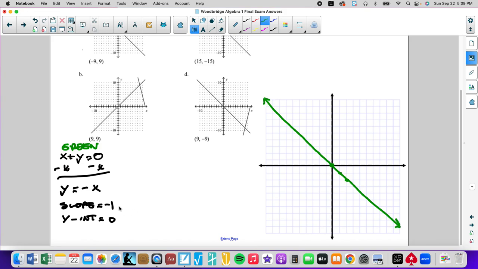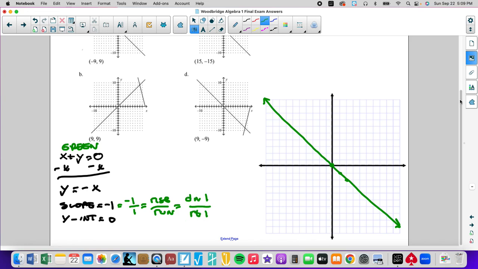And why does it have a slope of down 1, right 1? Well, -1 as a fraction is -1 over 1, and we have rise over run. So rising -1 is down 1, and running +1 is right 1. So that's why my slope is down 1, right 1.